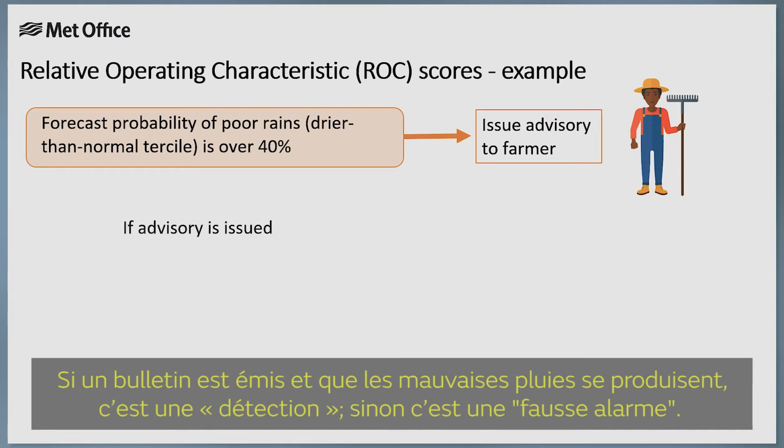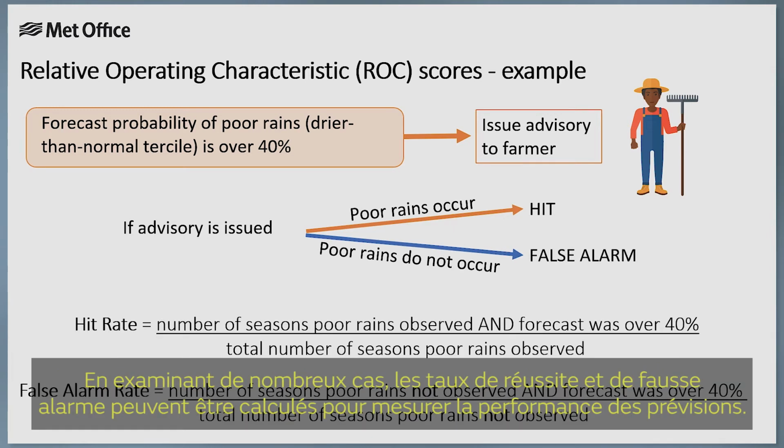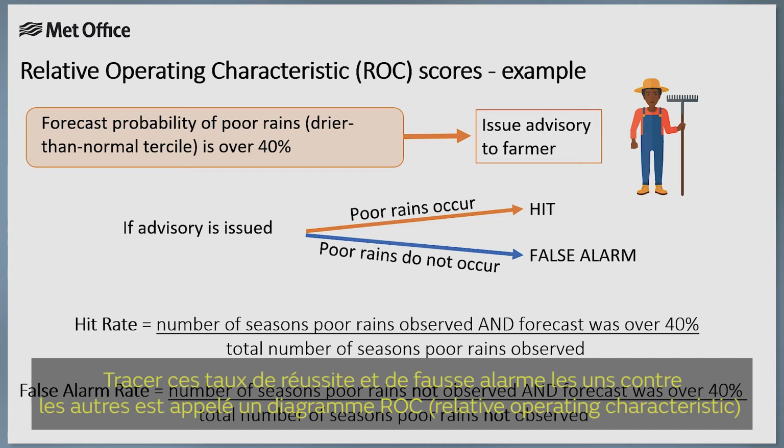If an advisory is issued and then the poor rains occur, it's a hit. Otherwise, it's a false alarm. By looking at many cases, a hit rate and a false alarm rate for the advisory statements can be calculated to measure forecast performance. Plotting the hit and false alarm rates against one another is called a ROC curve.